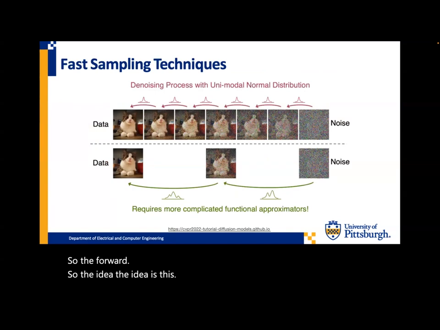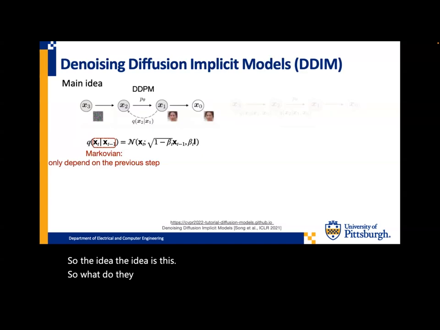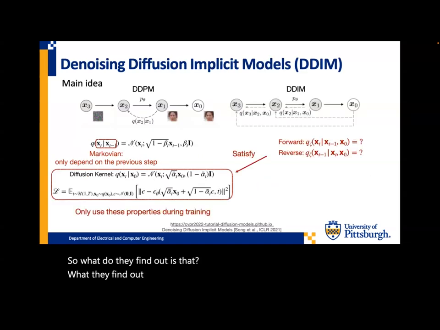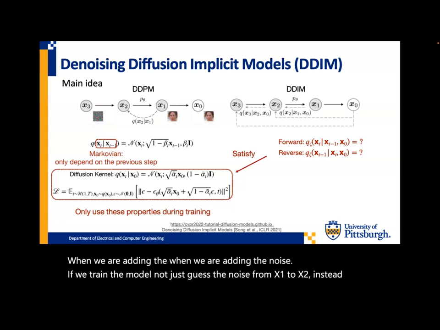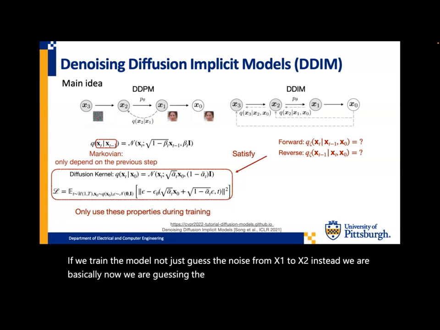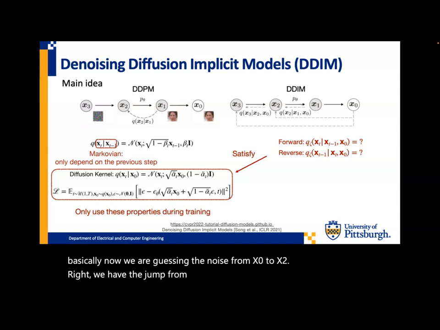What they found out is that when we are adding the noise, if we train the model not just to guess the noise from x1 to x2, but instead to guess the noise from x0 to x2, right? We have the jump from x0 to x2.